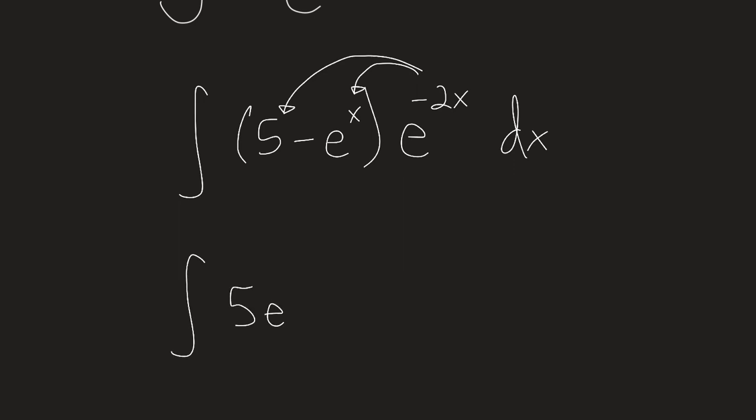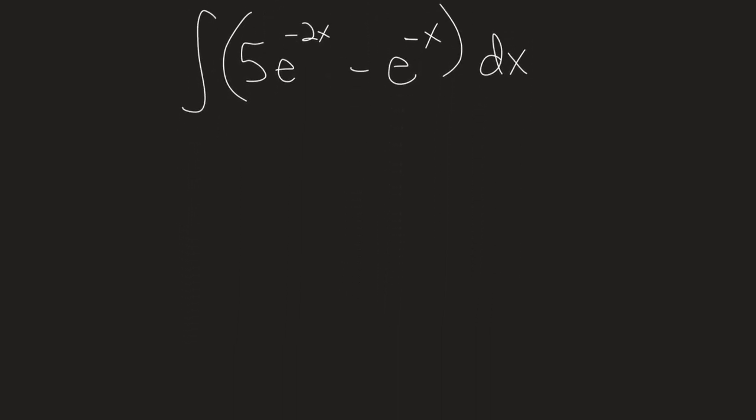So this is 5e to the minus 2x minus e. So now I have e to the 1x, right? I have like bases, so I'm going to add my exponents. So x minus 2x is negative x. So I have 5e to the minus 2x minus e to the minus x.